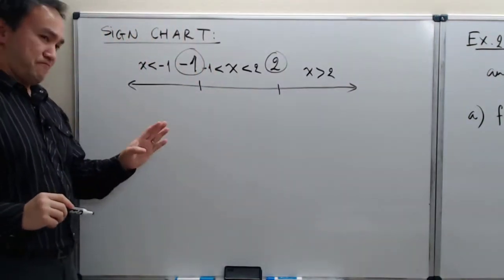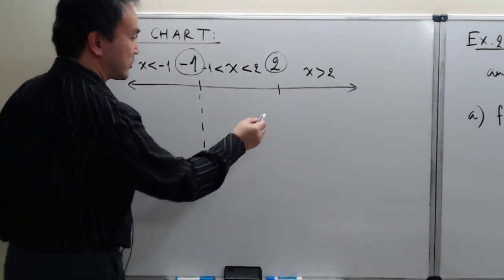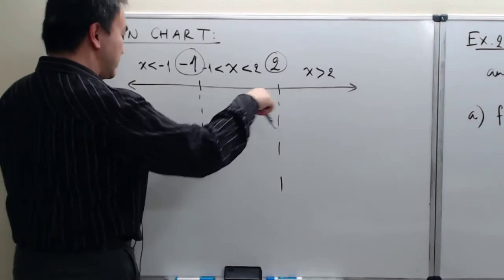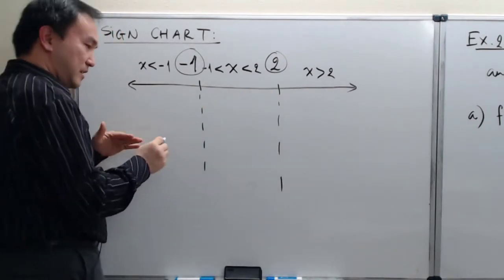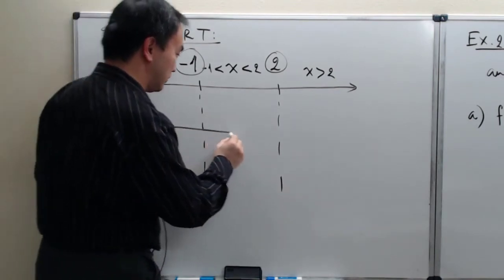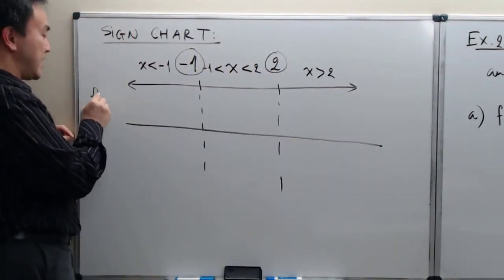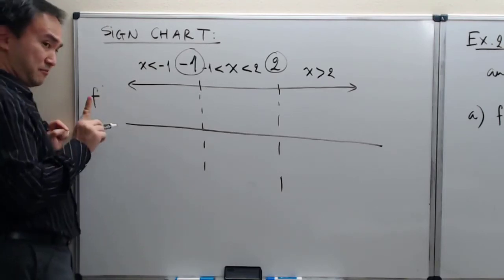Okay, so now the whole idea of the sign chart is that right below this line I am going to construct, in a table format right here, a row. In this row I am going to investigate and check the sign. Now hear my words carefully.